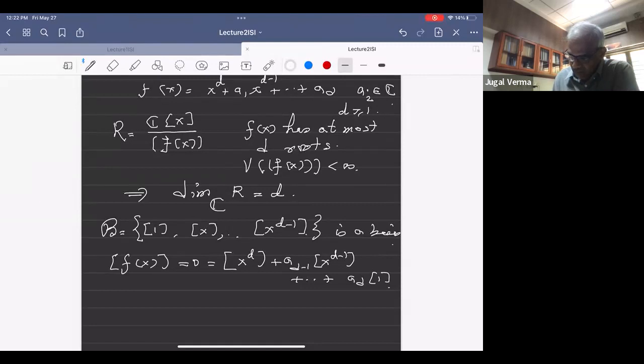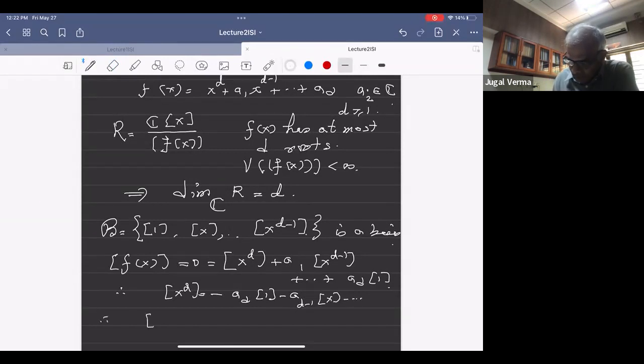So that says that the residue class of x^d is equal to negative of ad times the residue class of 1, negative of a(d-1), residue class of x, and so on.